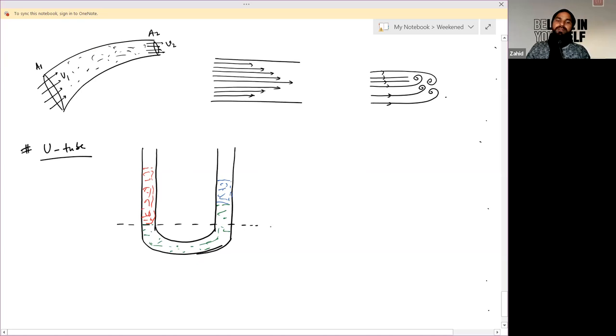As I had defined in the last class related to Pascal's law, at the same horizontal level, let's say point A and point B, pressure will always be equal. Is it clear?